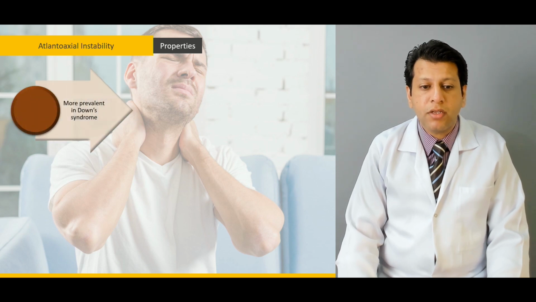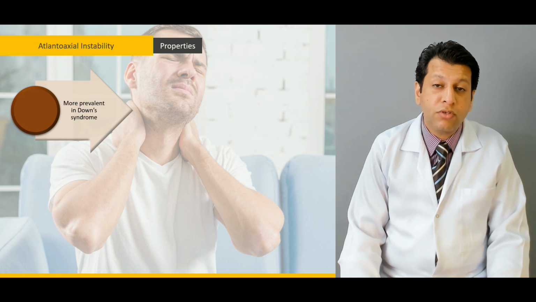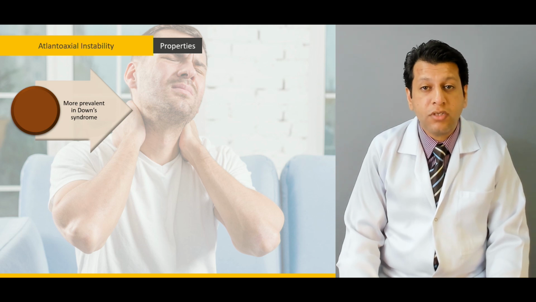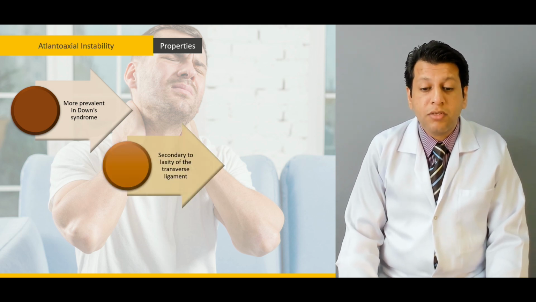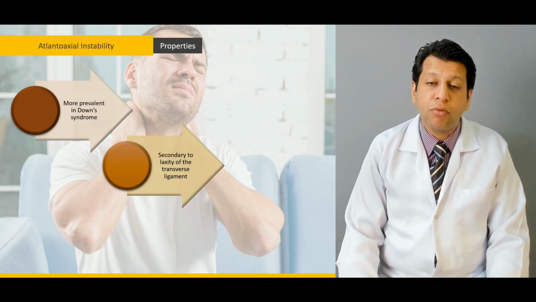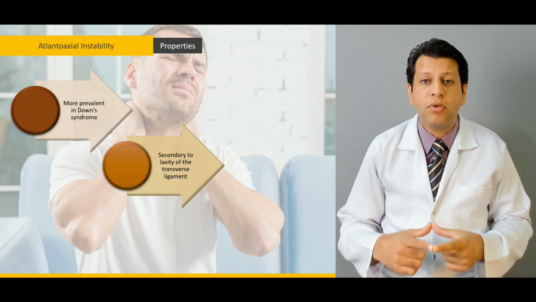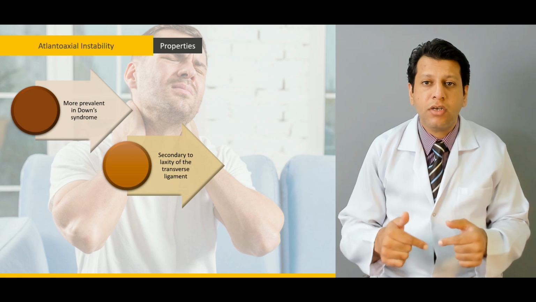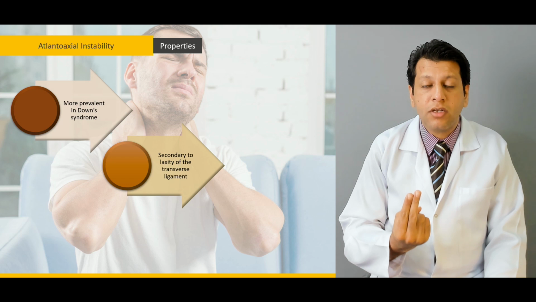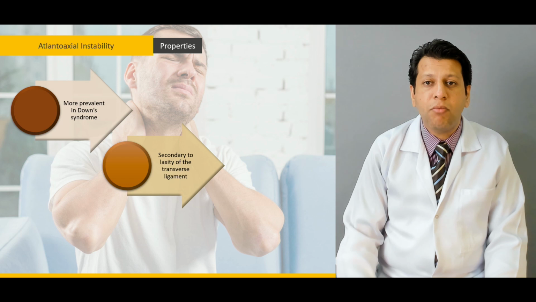Now coming to the pathology. Atlantoaxial instability is more common in Down syndrome, and Down syndrome and rheumatoid arthritis may present with C1, C2 instability. This may be secondary to laxity of the transverse ligament. If you look at the anatomy, C1 is a quadrangular-shaped ring in which the odontoid process of the axis rotates like a hinge.